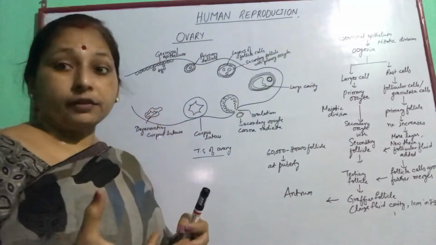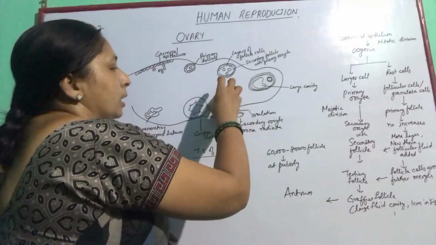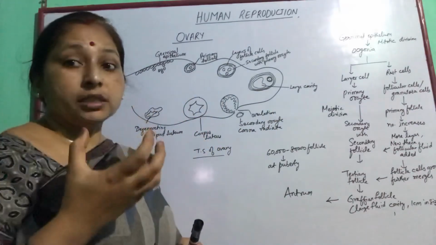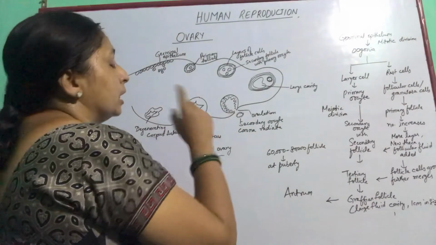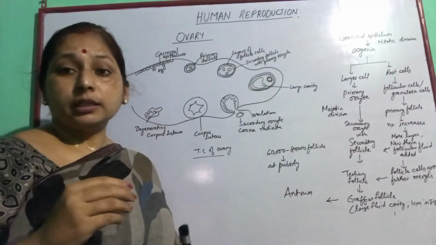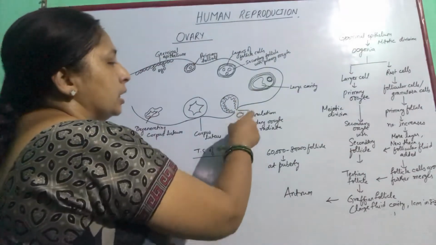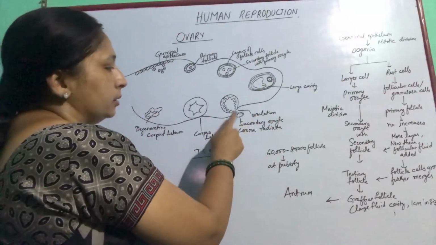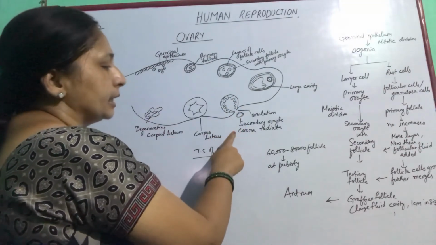The cavity also increases, the follicular fluid increases, and a mature follicle, which is a Graafian follicle containing a larger cavity termed the antrum, ruptures. The size of the Graafian follicle is about 1 centimeter, and it ruptures by the process of ovulation, releasing the secondary oocyte.